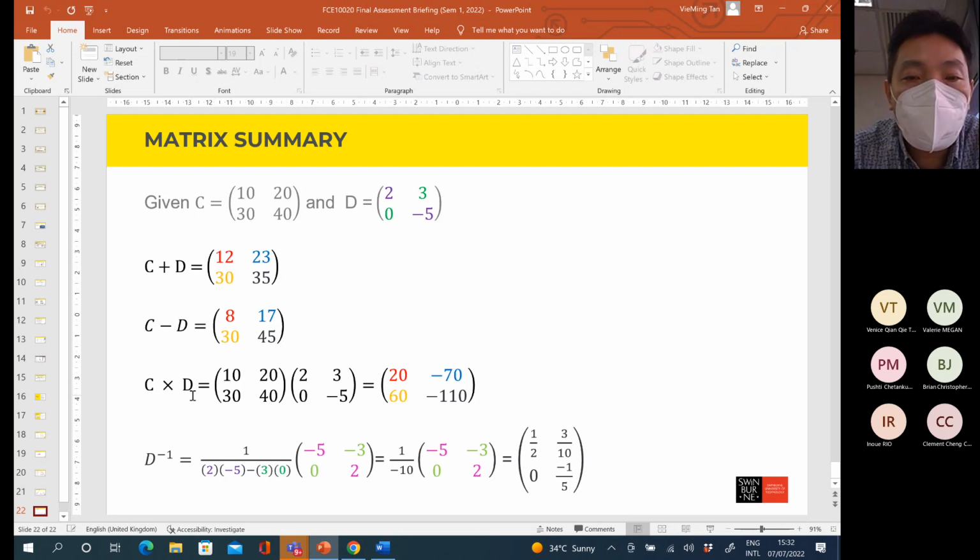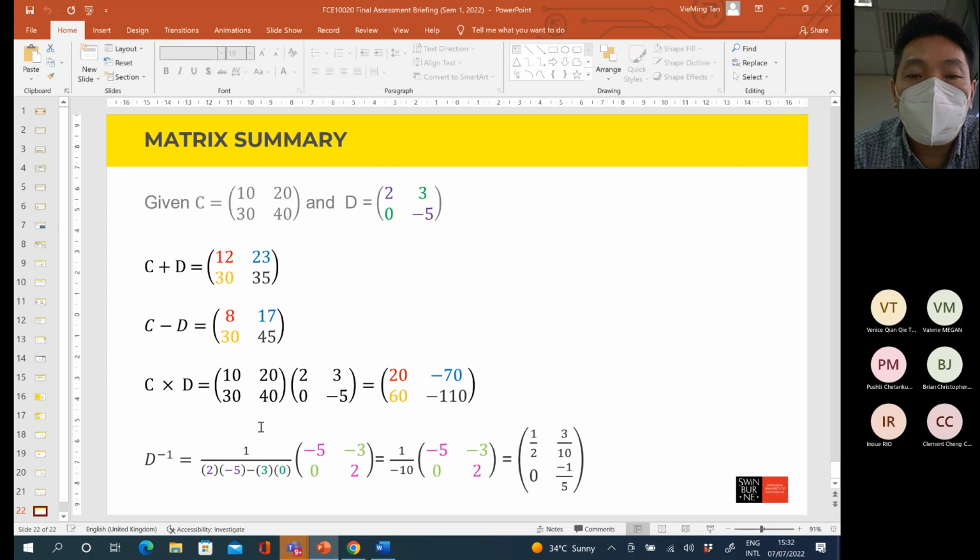Okay, next one involves multiplication. Multiply these two matrices. For this, I must make sure that the number of columns in the first matrix must be equal to the number of rows in the second matrix, in order to multiply these two matrices.